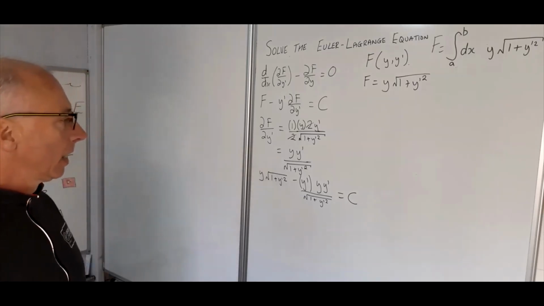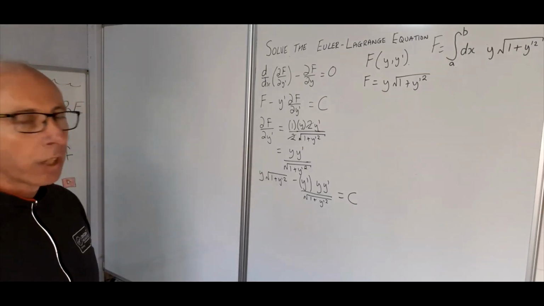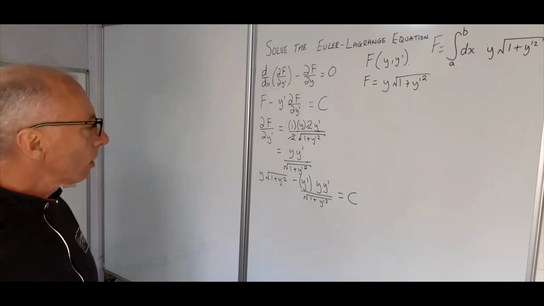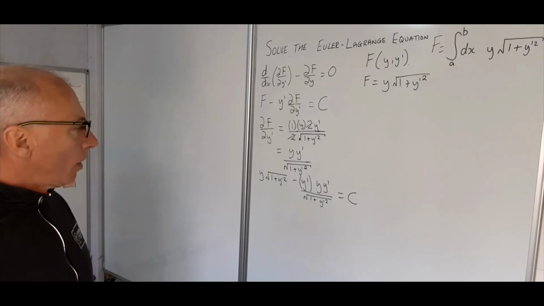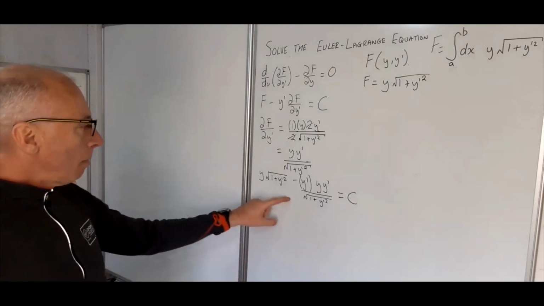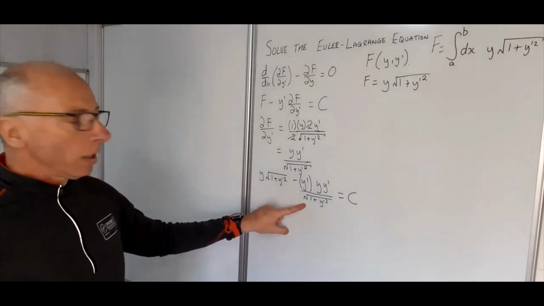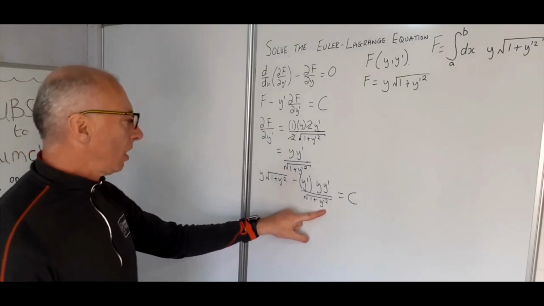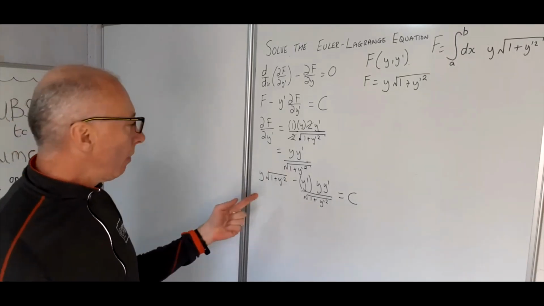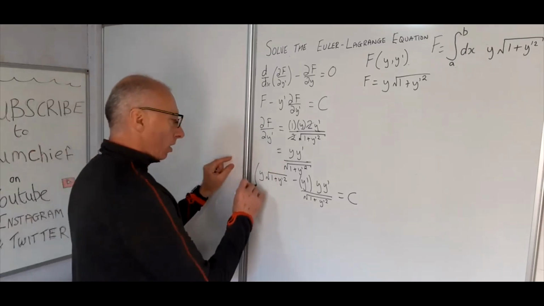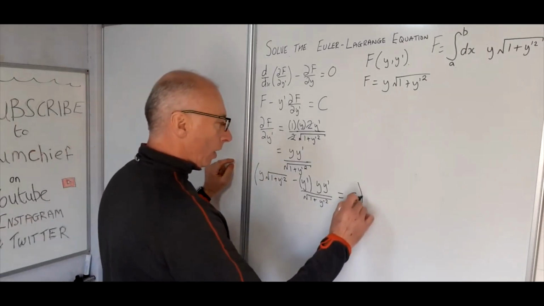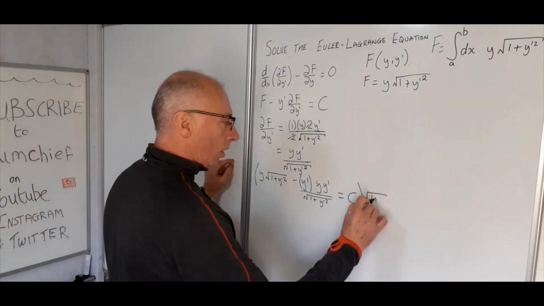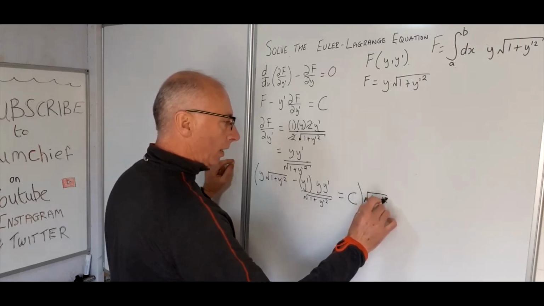Okay, so now we want to try and isolate y or y prime. It's looking a little bit messy here. We've got a square root in our denominator, which is a little bit awkward. So let's multiply everything by the square root of 1 plus y prime squared.